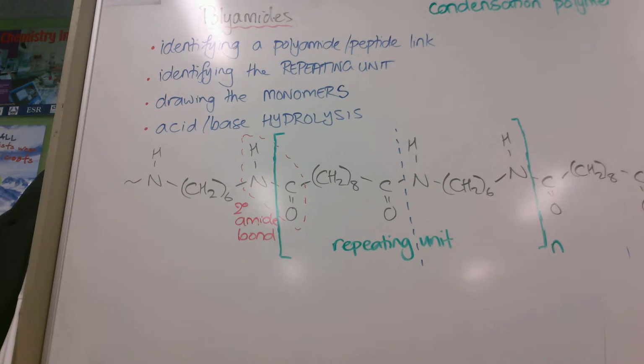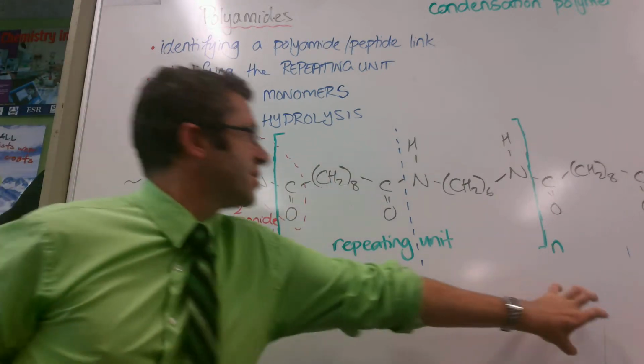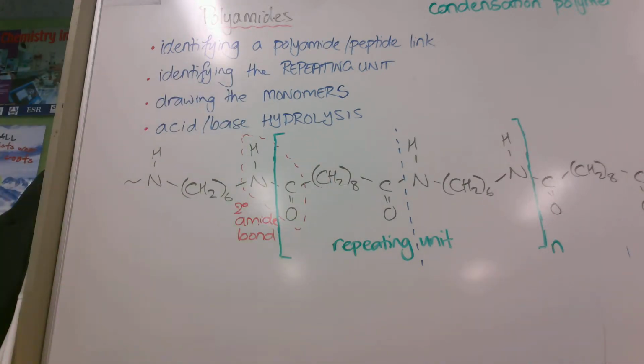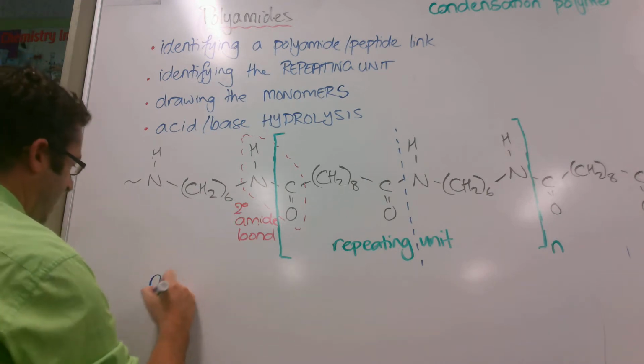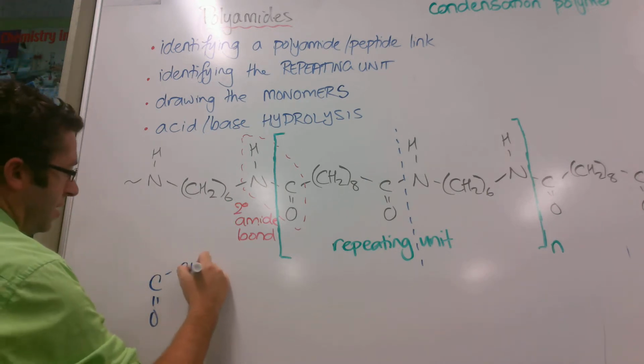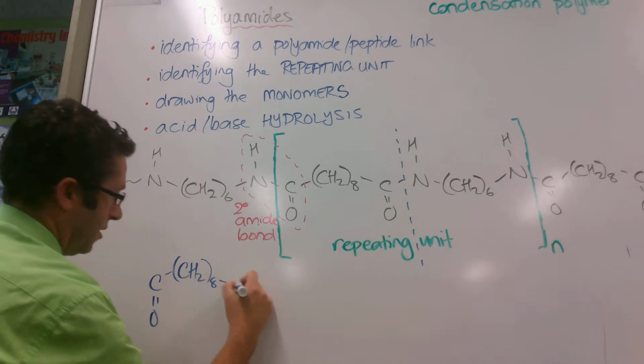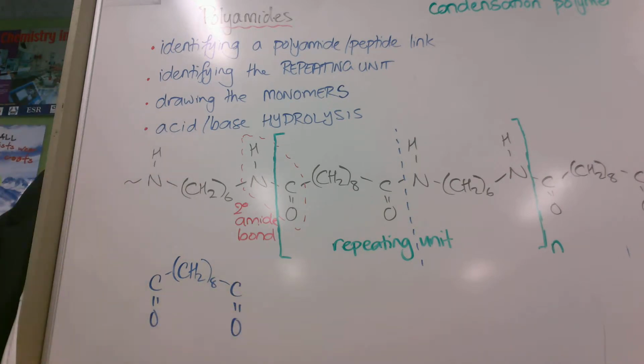What I'm going to do is draw each of those halves over here and over here. So I'm going to draw CO, (CH2)8, CO. I know it's not a molecule because that carbon's only got how many bonds? 3. It's okay, I'm going to accept I've drawn it wrong at the moment.